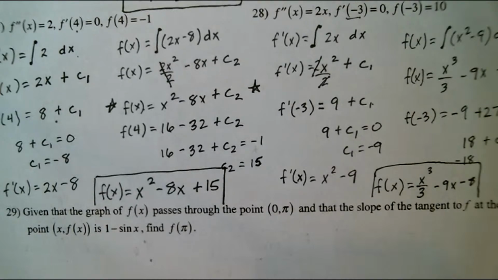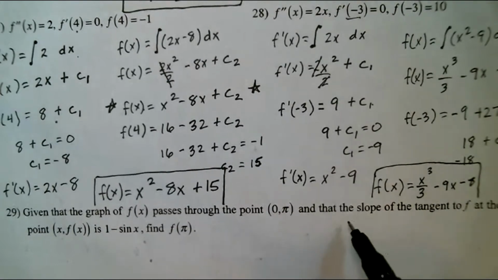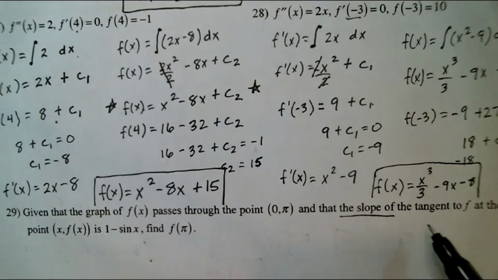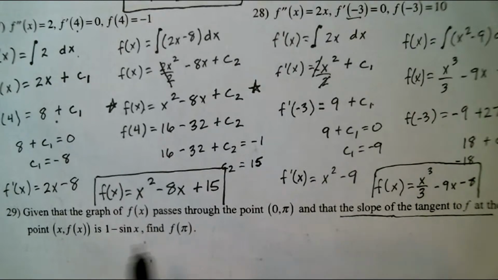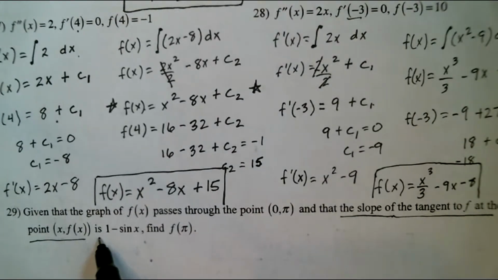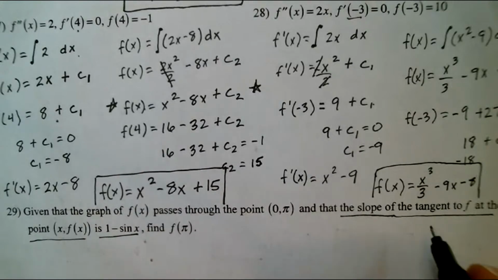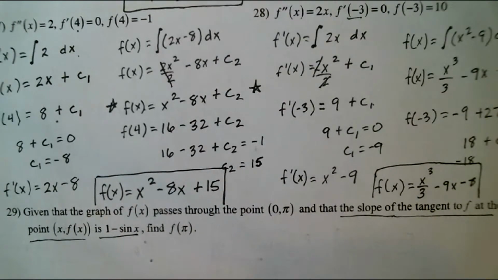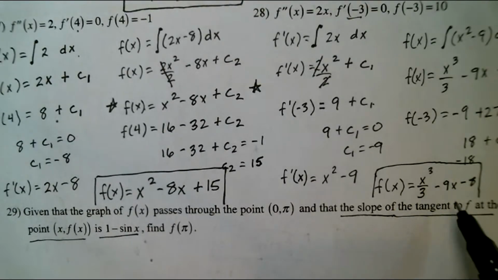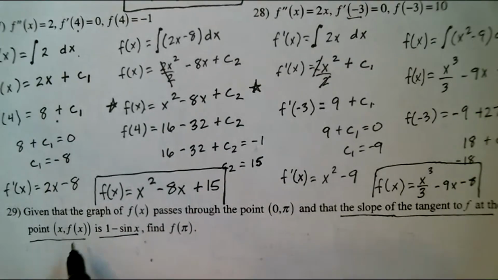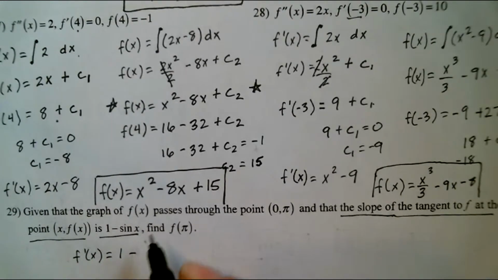So I think the key words in this are: the slope of the tangent line to f at the point is 1 minus sine x. So basically it's telling us our tangent line slope is this right here. So f prime of x is equal to 1 minus sine x.